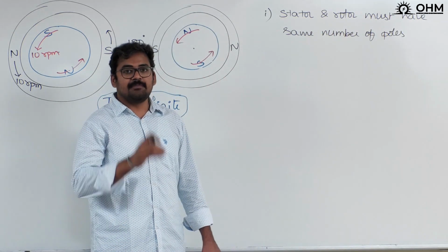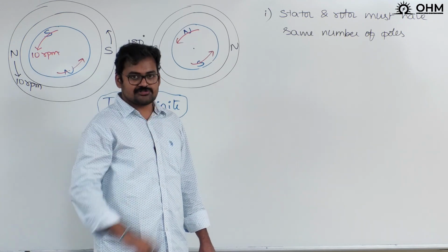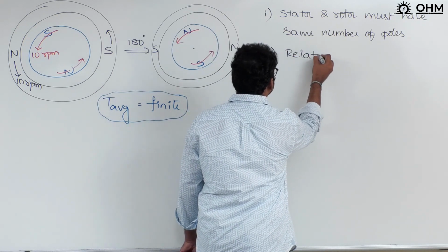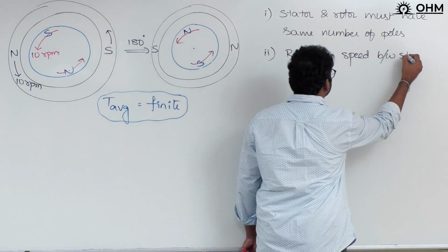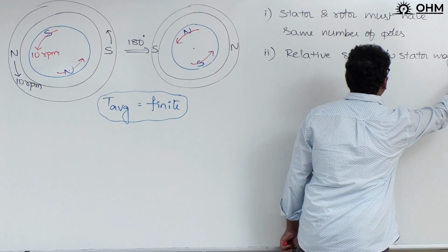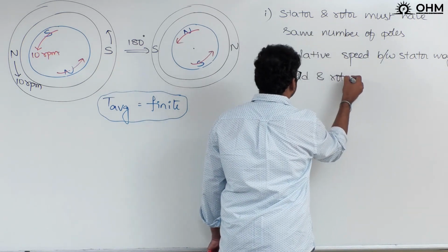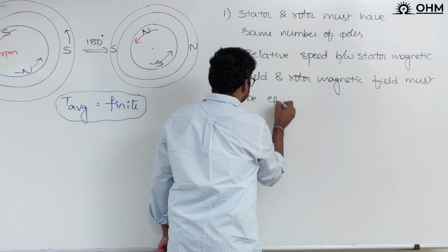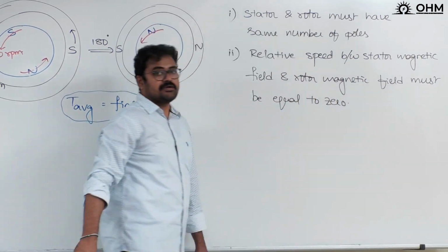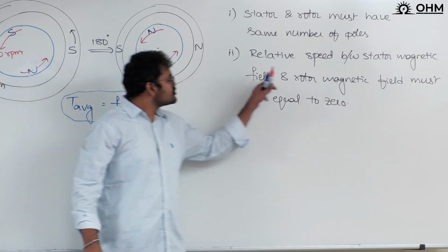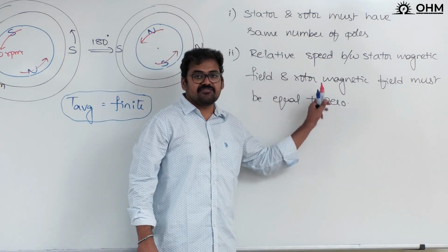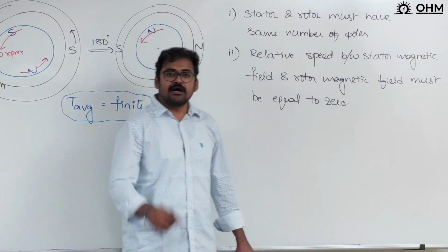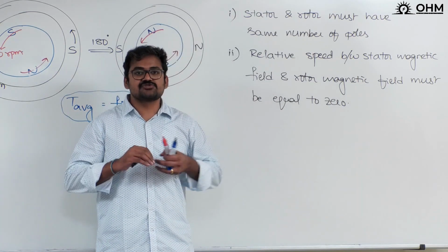Stator and rotor must have the same number of poles. Second condition is relative speed between stator magnetic field and rotor magnetic field must be equal to 0. Now, these are the two conditions we studied so far.